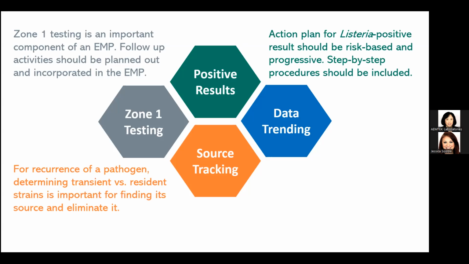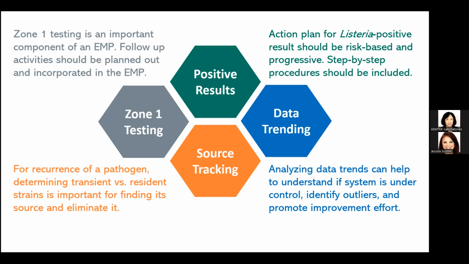For recurrence of pathogens, determining transient versus resident strain is important for finding the source and eliminating it. Sometimes it may mean changing the vendor or the vendor's practice if you identify it's only a transient strain. Because if you don't sanitize properly, a transient strain may become a resident strain.